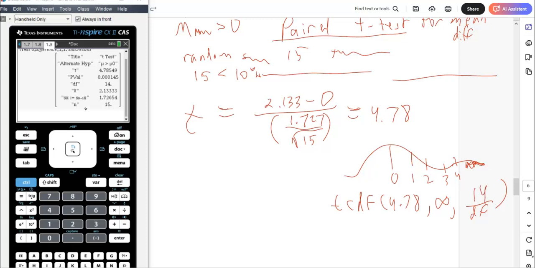And that should give you a p-value. This is not a two-sided test. You don't have to worry about that. Very, very small. I knew it was going to be very small, 0.0001, somewhere around there. So that's our p-value.